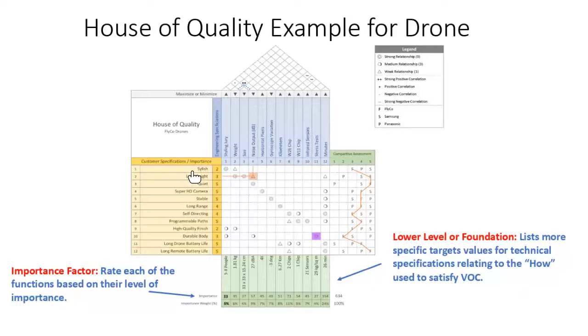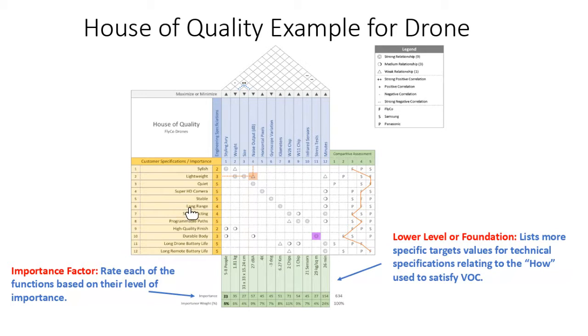Let's say he wants the drone to be stylish, lightweight, definitely not heavy, quiet, with a super HD camera so it can record good resolution pictures, and stable, so it doesn't shake when it is flying and it takes a stable picture.